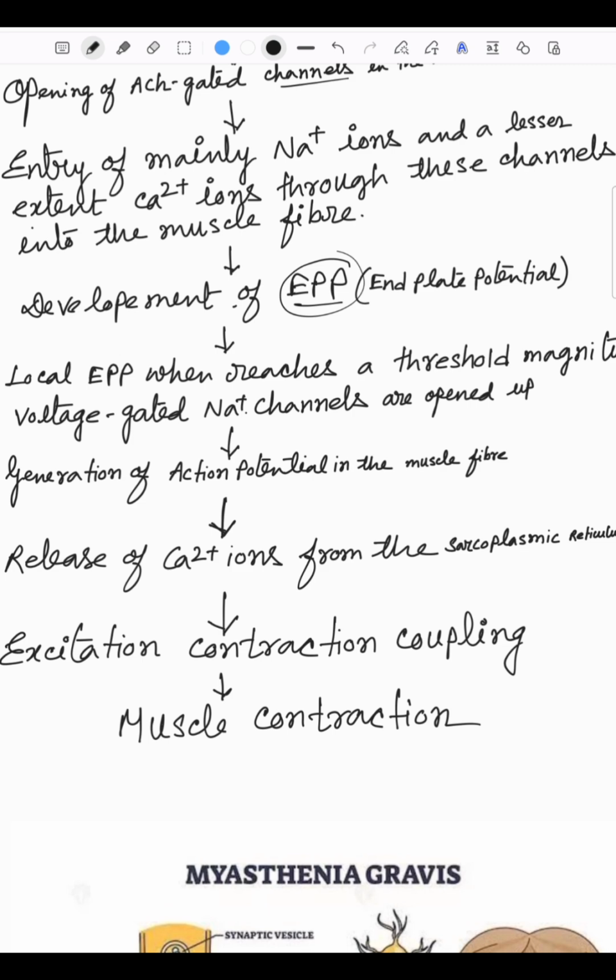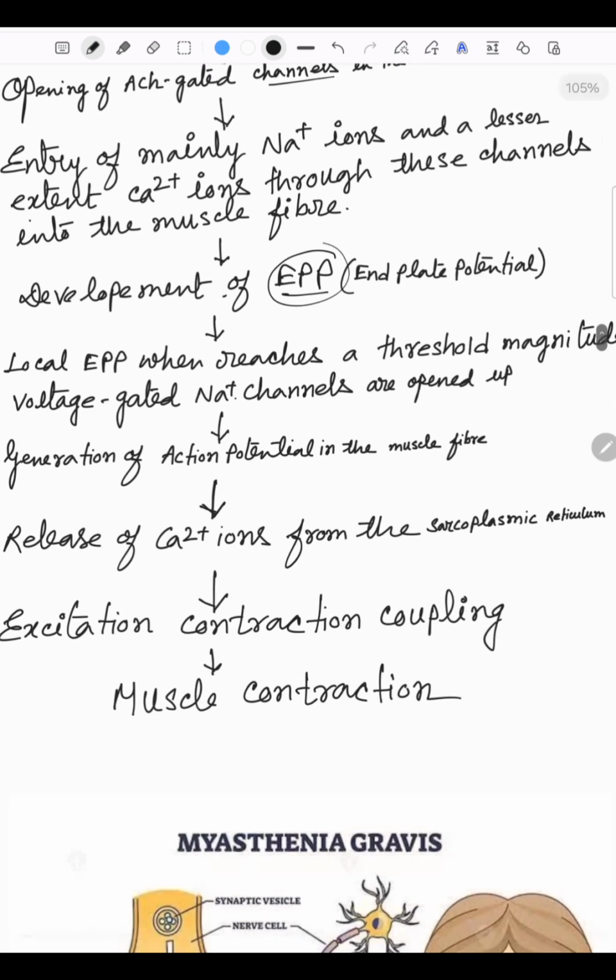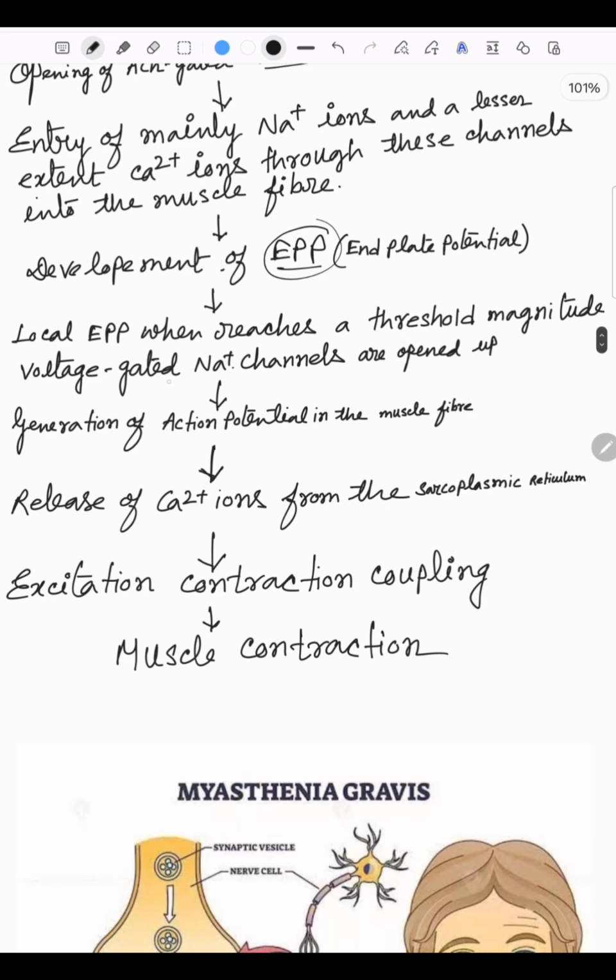It's only a local response that is not sufficient to generate a response. That local EPP, when it reaches a threshold magnitude, will turn on the voltage gated sodium channels. They open and the generation of action potential in the muscle fiber occurs.